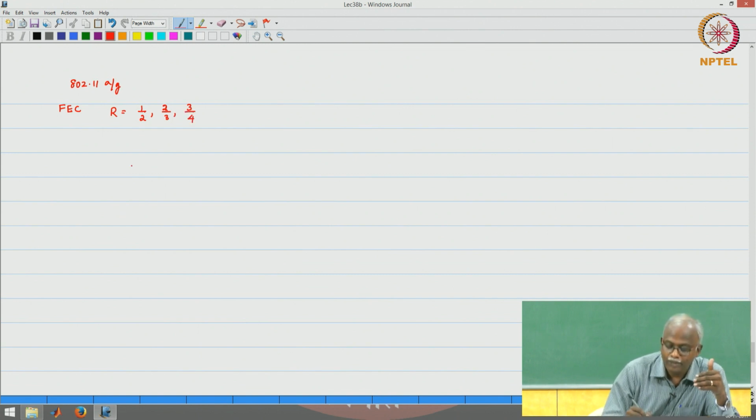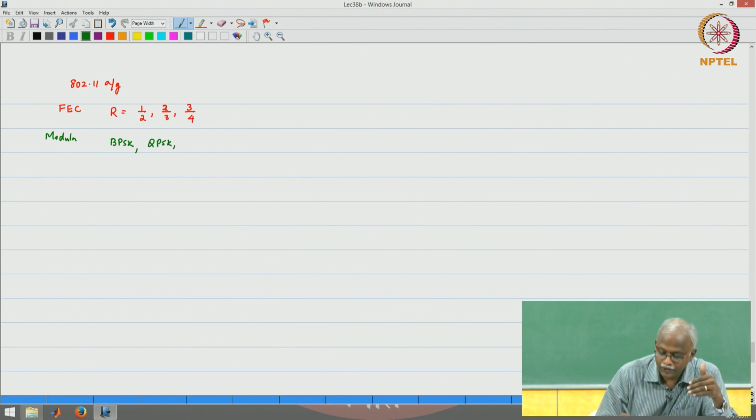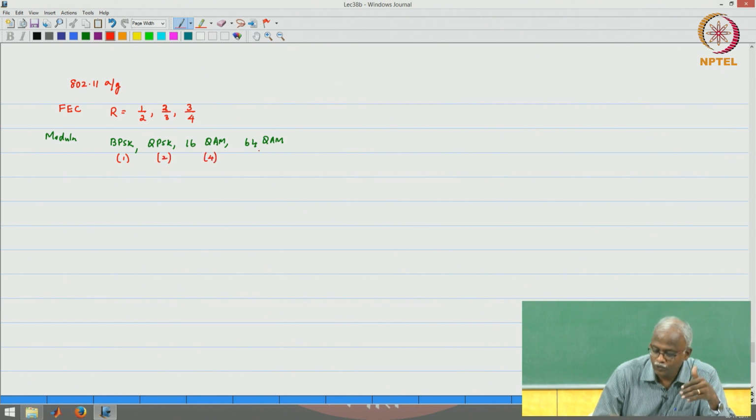And the modulation options that you have can go from BPSK, which means 1 bit per symbol, QPSK 2 bits per symbol, 16 QAM 4 bits per symbol, and 64 QAM, which is 6 bits per symbol. I will just write within the bracket how many bits per symbol: so this is 1, 2, 4, 6 bits per symbol.